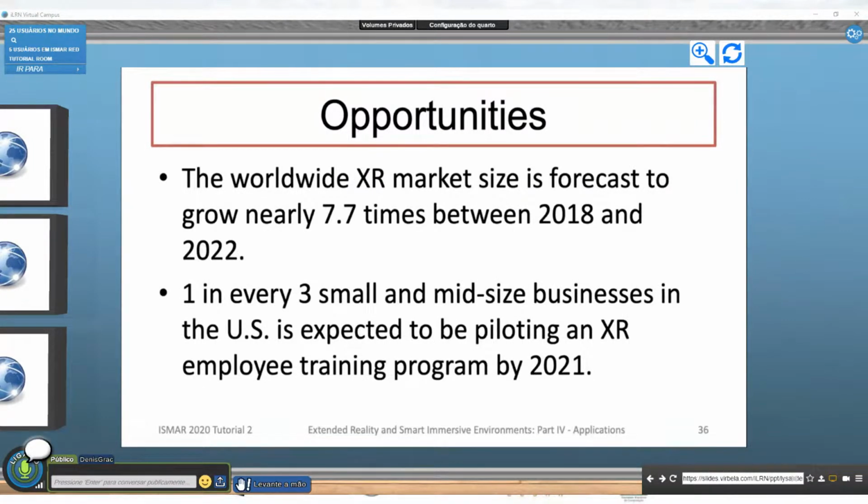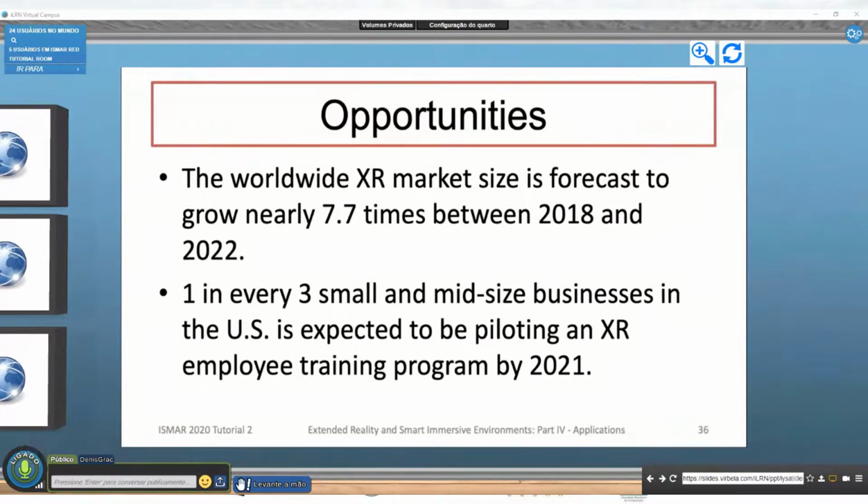Just looking at the potential for growth, the worldwide extended reality market is expected to grow 7.7 times between 2018 and 2022. And by 2021, 1 in every 3 small and mid-sized businesses in the United States is expected to be piloting an extended reality-based training program for employees.